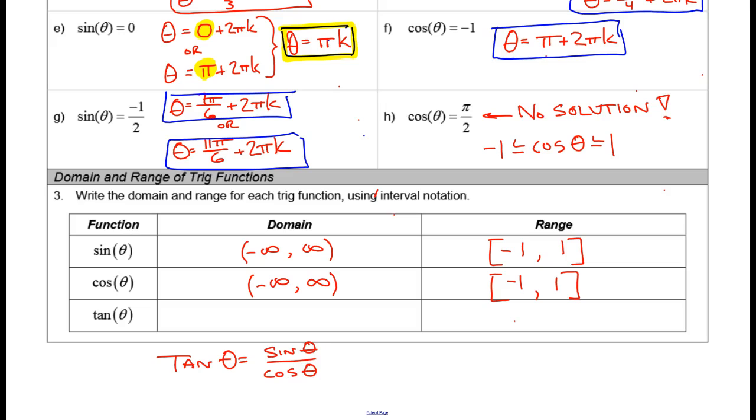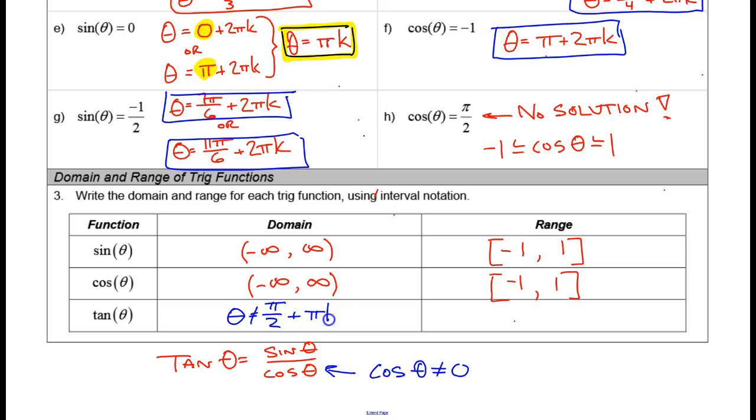So the first thing we'll do is talk about domain. We do have a domain restriction here because we do not want to divide by 0, so the cosine of theta cannot equal 0. Well, the cosine of theta equals 0 anytime theta equals pi over 2 or 3 pi over 2.